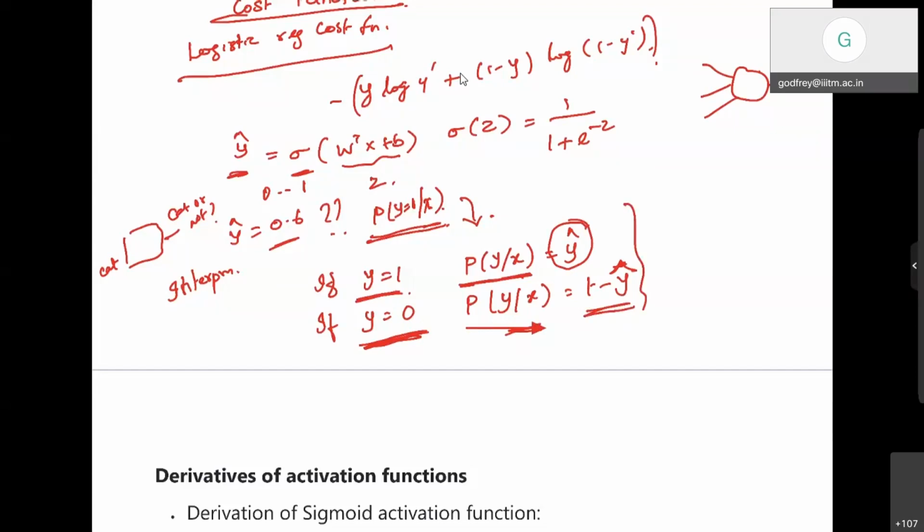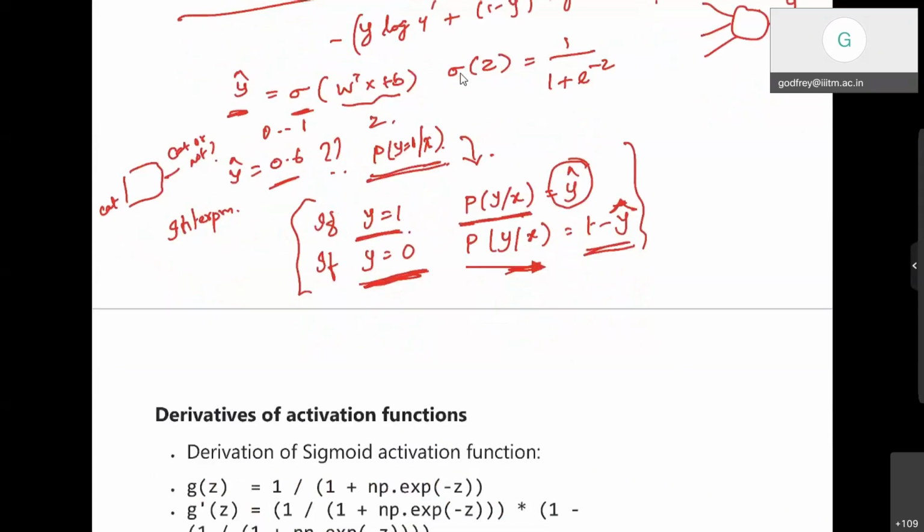These two statements say that if y equal to 1, if output is a cat, then the probability that it's a cat is given by y cap. If output is not a cat, then the probability that it's not a cat is given by 1 minus y cap. So y cap is the chance that y equal to 1, and 1 minus y cap is the chance that y equal to 0.